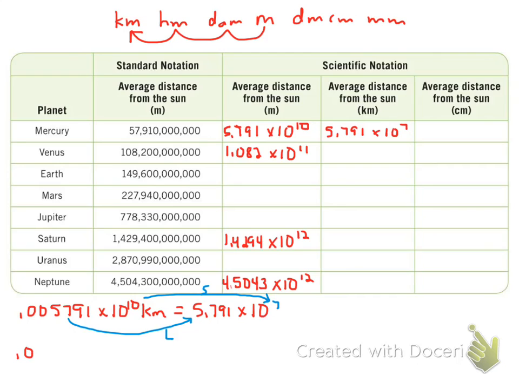So 0.001082 times 10 to the 11th kilometers. But now we'll have to convert that to scientific notation. So 1.082 times 10 to the 8th power. Very good. Again, it's a matter of reducing the exponent by 3.